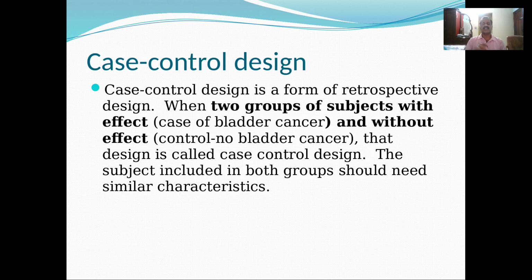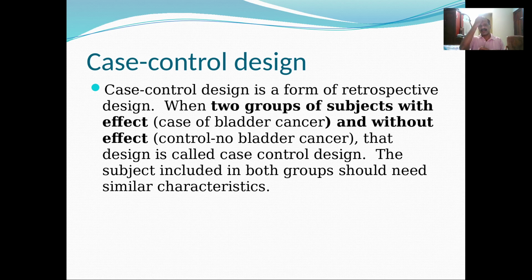And the next one is the case control design. As the name indicates, the case is there and the control is also there. There are two groups, but this is entirely different from the experimental group and the control group. The function is the same: the control group is for control and the case is the case.